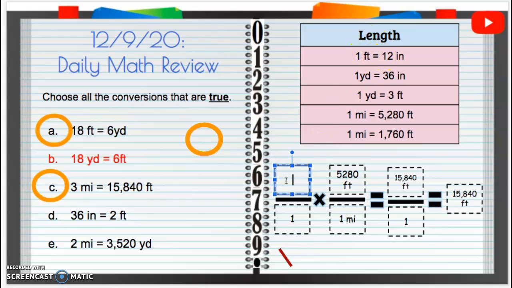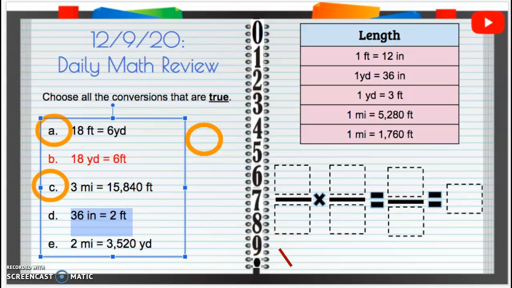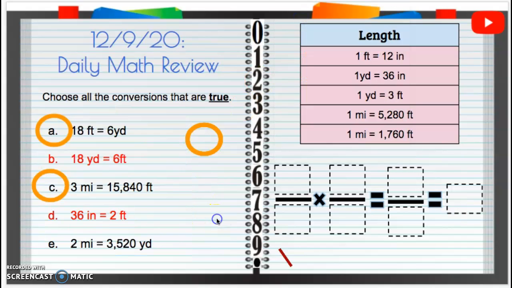So 1 foot is a ruler, right? So if I have 2 rulers for 2 feet, 2 rulers of 12 inches each is going to be 24 inches. 36 inches is 3 rulers, not 2 rulers, so that is not true. So we can confidently say that is not true.